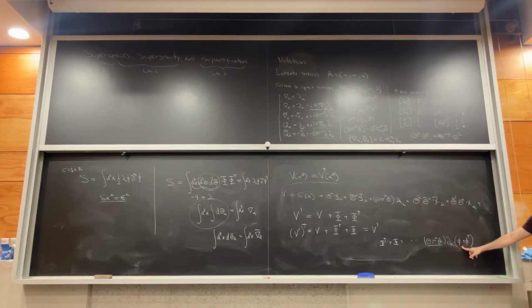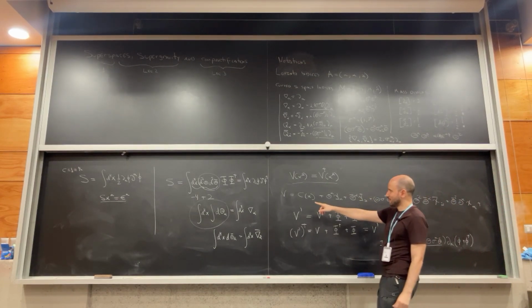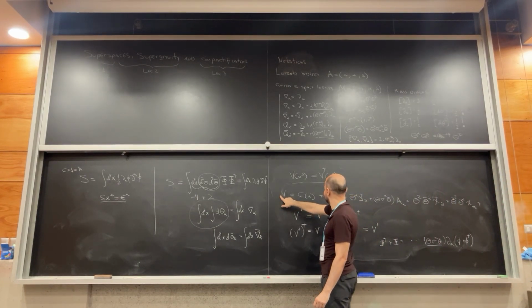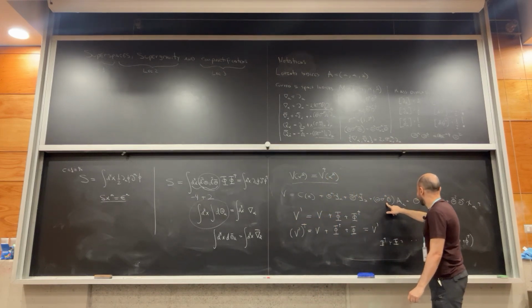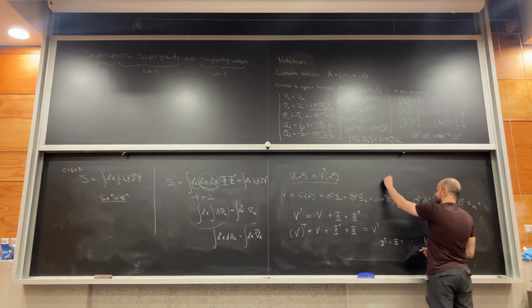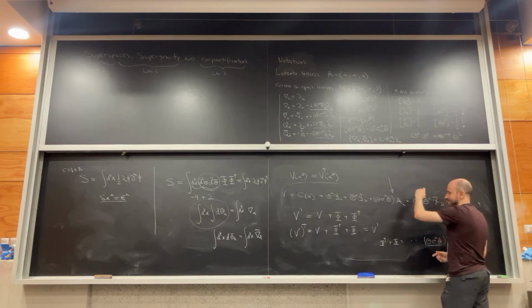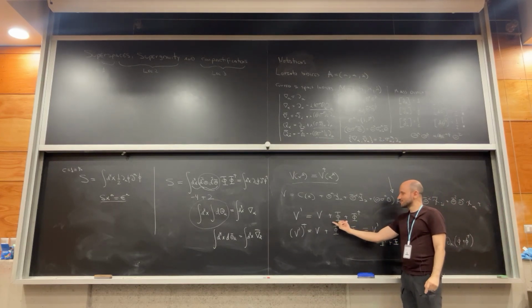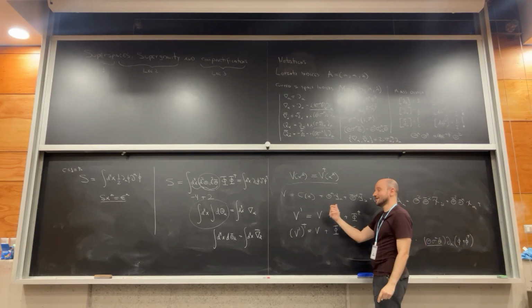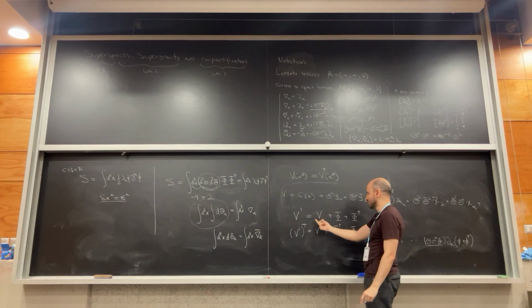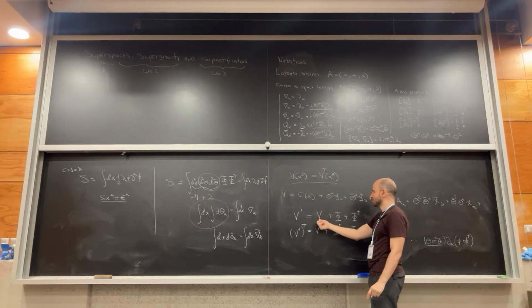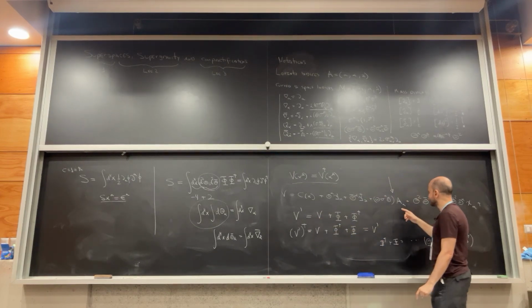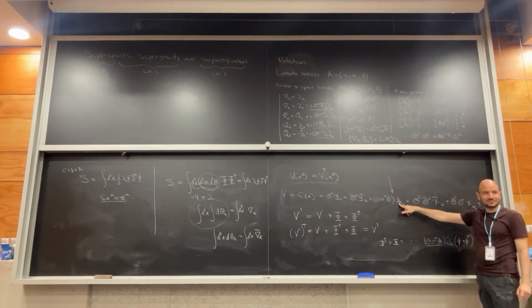Now I go to my original vector superfield that has a vector exactly here. If I define this gauge transformation of V, the vector superfield, which is real, what is the gauge transformation of A?